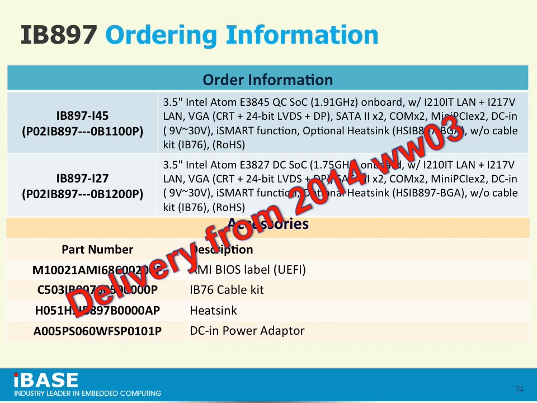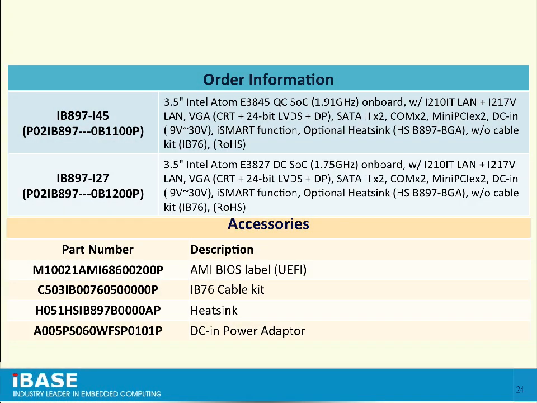The speed is 1.75 gigahertz and the CPU itself is a dual-core design. Both models are available already, so please contact our sales if you would like to order a sample, because we have started delivery from World Week 3 already.